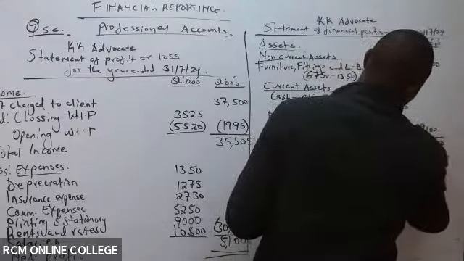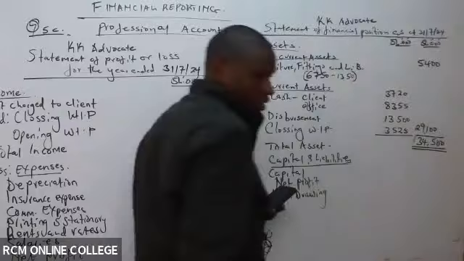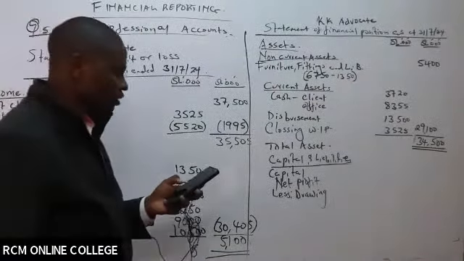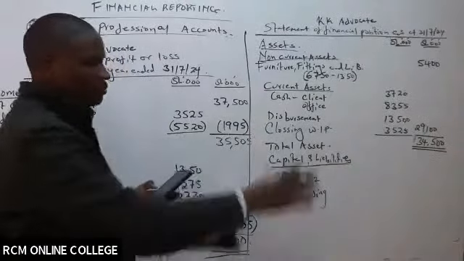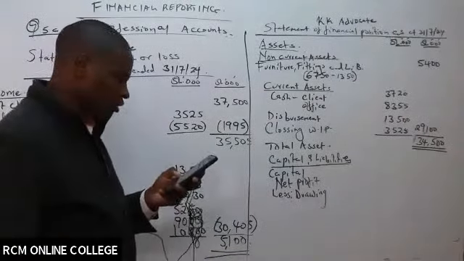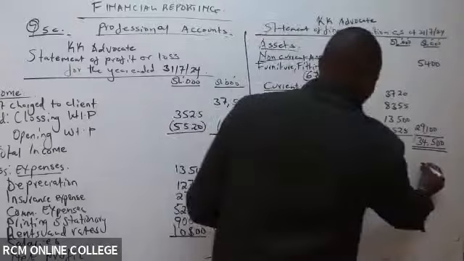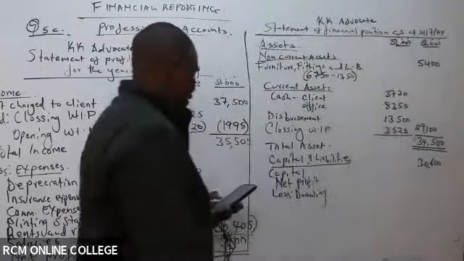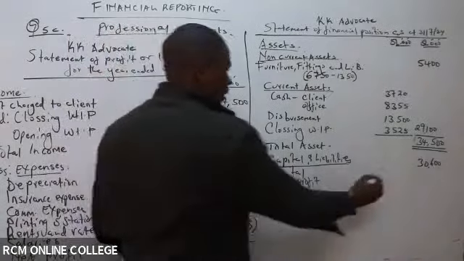I should underline there. 34,500. Capital, what's the value of the capital? Now, the others, we can put them in the second column. Capital is 3,600. Net profit, we just got it here, 5,100.